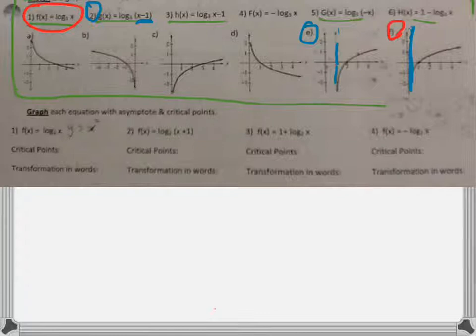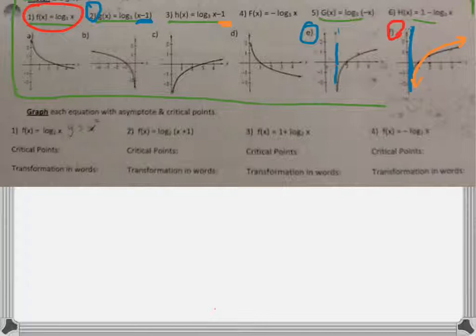This next problem, let's do this in orange. Now I'm subtracting 1 on the outside of it. So it's kind of like I'm subtracting 1 from the y, and so that moves it down 1. So this graph right here, remember this was our base graph. What if I moved every point down 1? Is it going to affect my vertical asymptote?